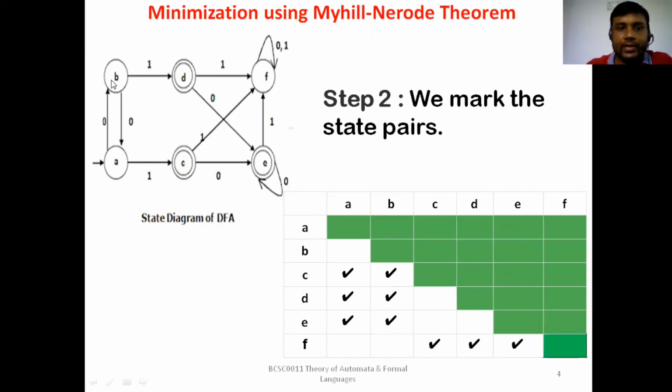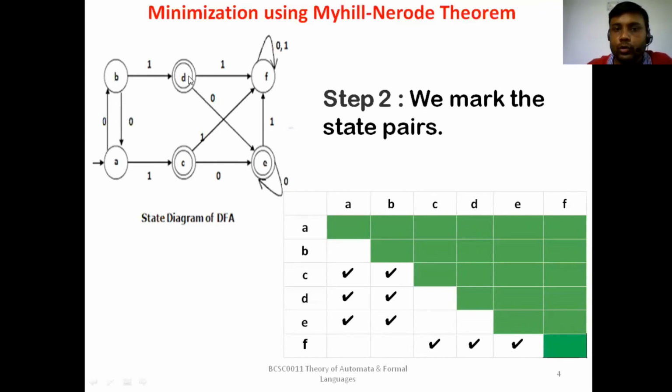The zero transition for B goes to A and the zero transition of F goes to F, and the pair AF we have marked in the previous step. That's why we can add a marking to the cell BF, or in other words, you can look at the one input.